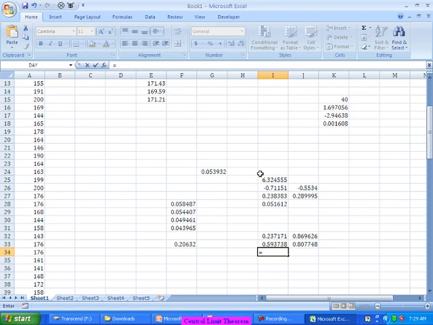Less than 41.5, it is 59.37%. Less than 45.5, it is 80.77%. I want the area lying between 41.5 and 45.5, so I have to take the difference between the two areas. When I take the difference, I get around 21.4%.